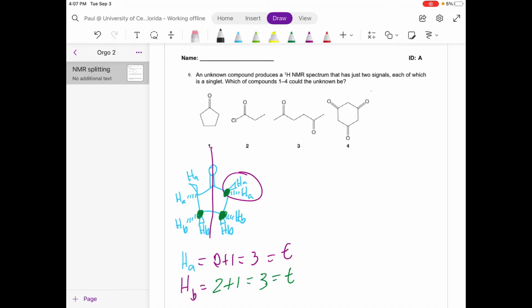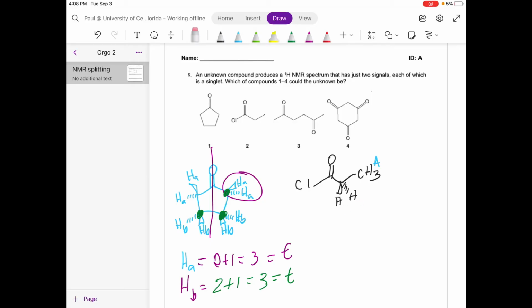So if we take a look at molecule 2, we have a chlorine in the plane, double bonded O. Now we have our wedge and our dash, and then our methyl. So we know the methyl is going to give its own signal, and those two are going to be equivalent to one another. Oh, not A, sorry.